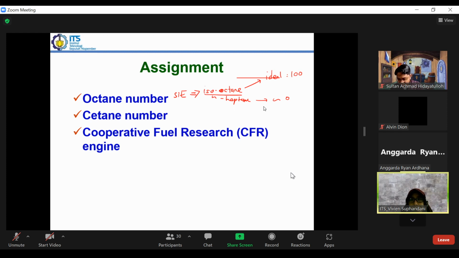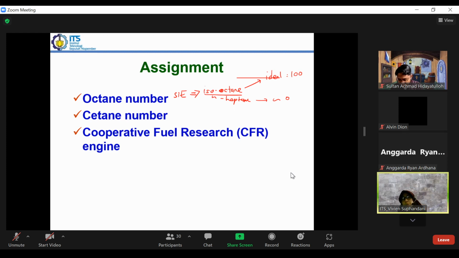It has a higher octane number, I think, above 100. Is this ratio of isooctane and heptane still relevant to measure octane number?